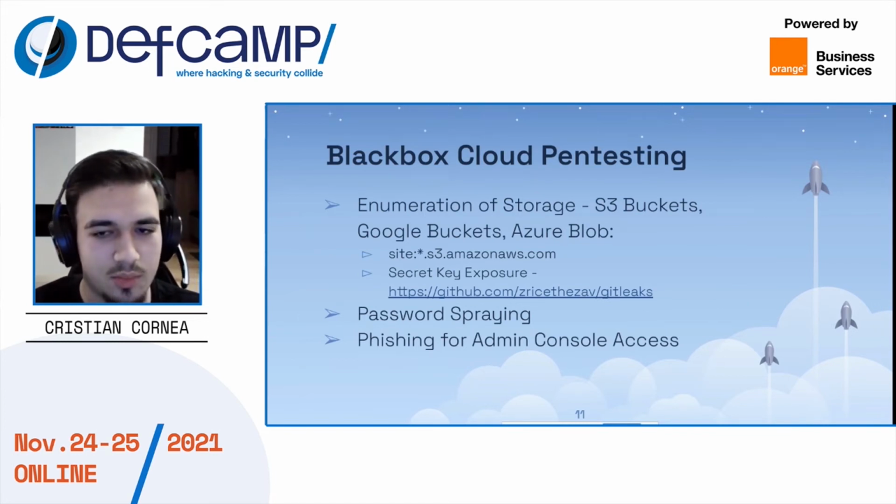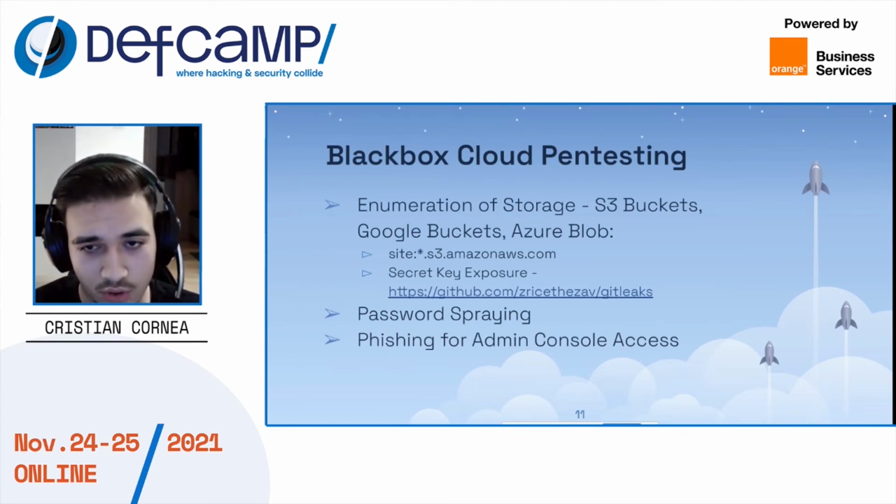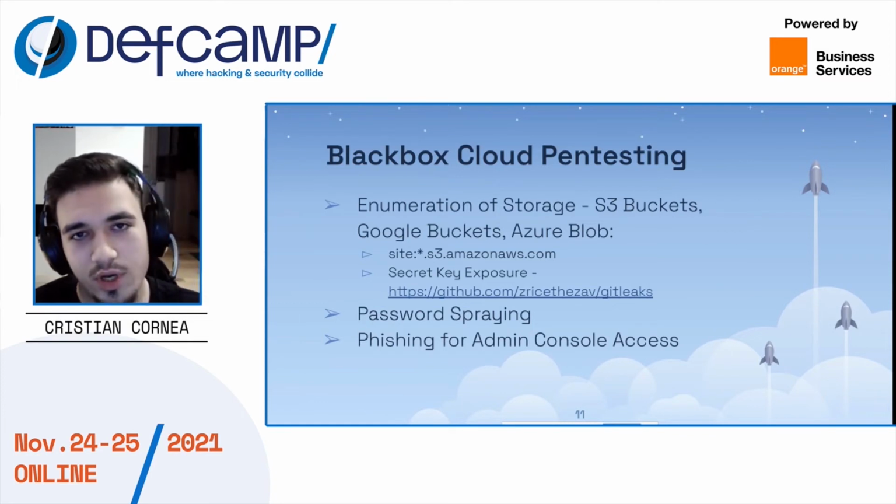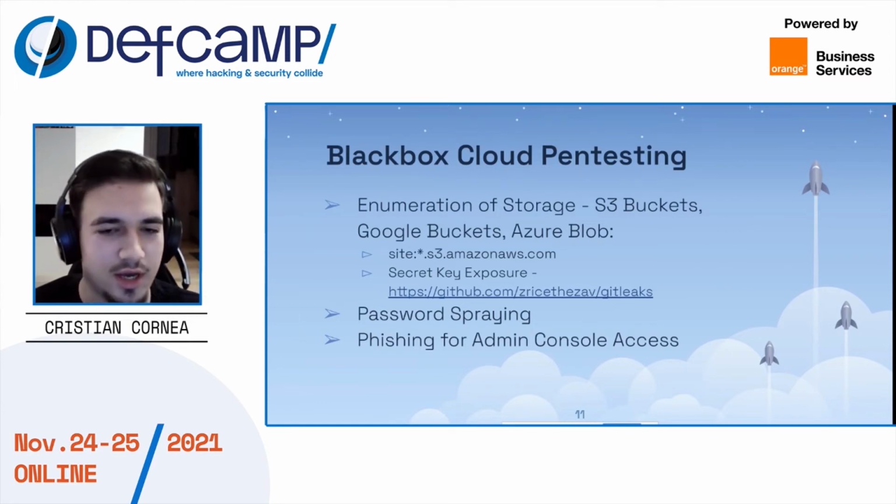Basically, we can enumerate public cloud storage, such as Amazon S3 buckets, Google buckets, Azure blobs. We can use Google Docs for that one, and we'll have a slide where we'll present how to do that with Google Docs, and we'll actually do that.